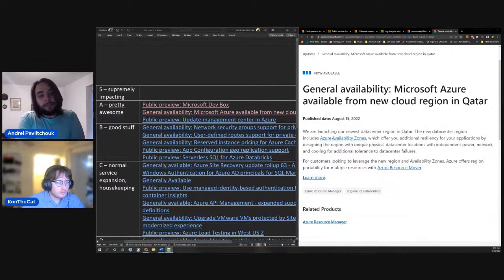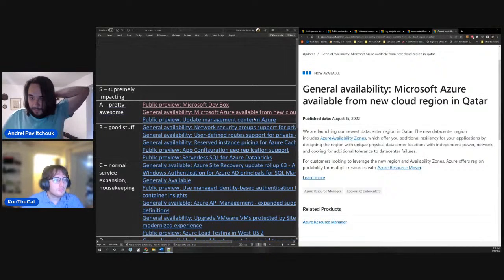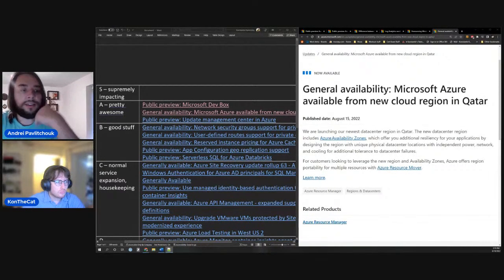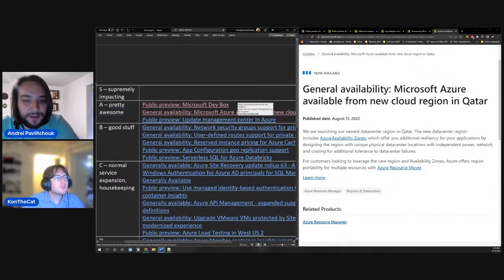I want to look at that, but I'm pretty sure it's right that Azure has more regions. Cool. And our last pretty awesome one.